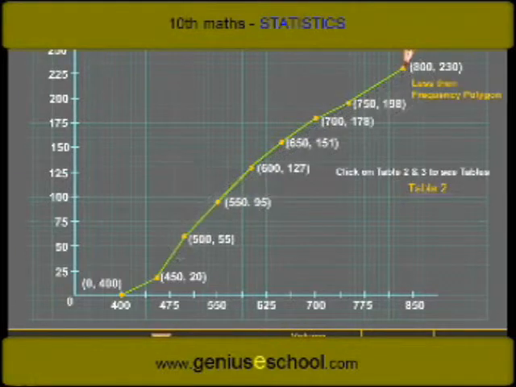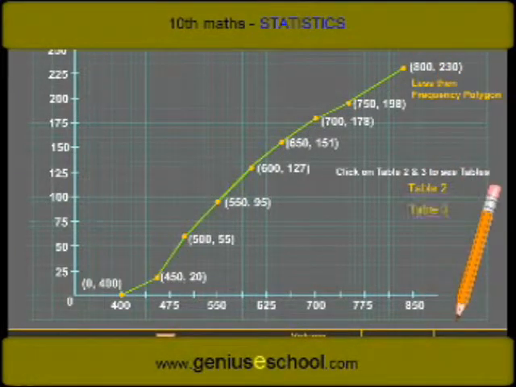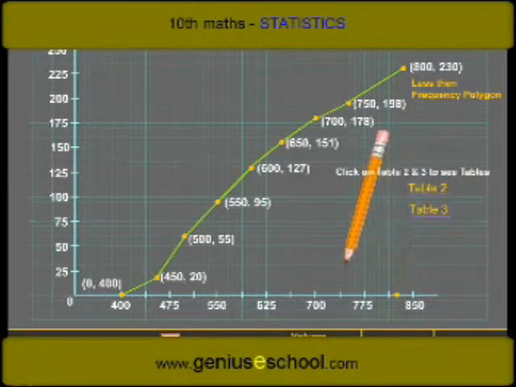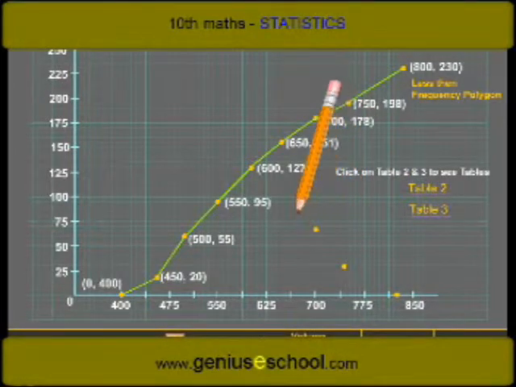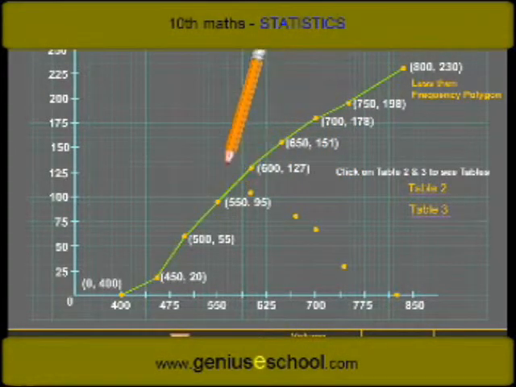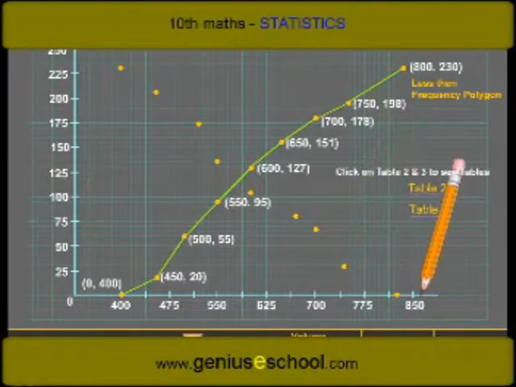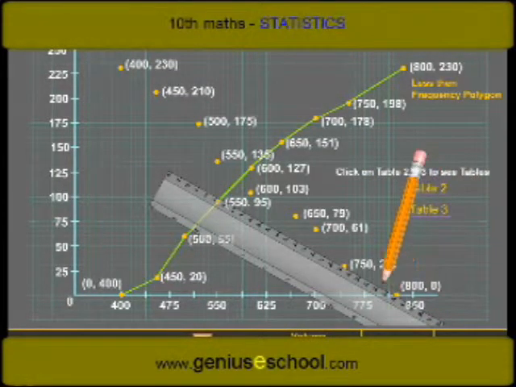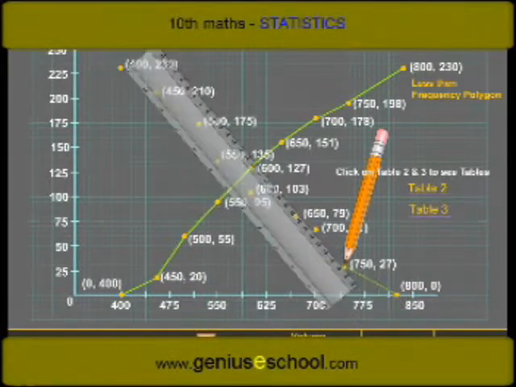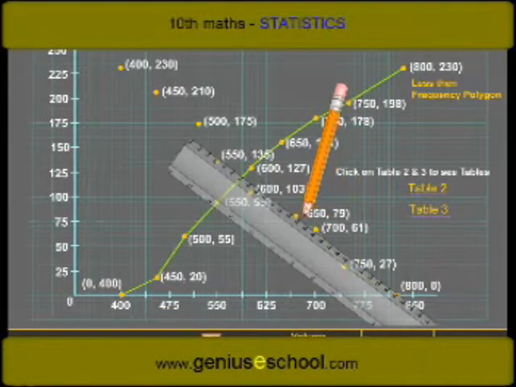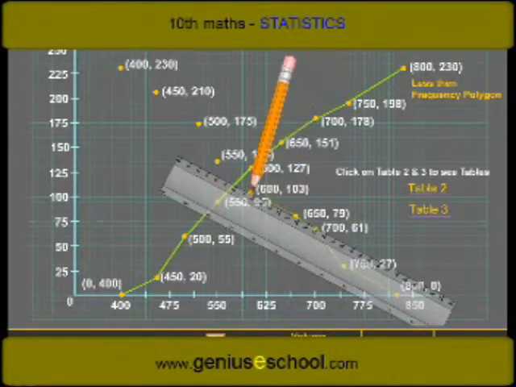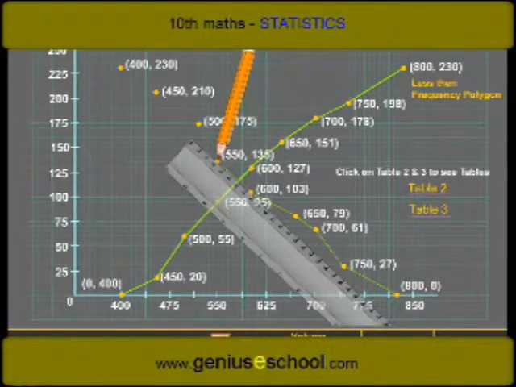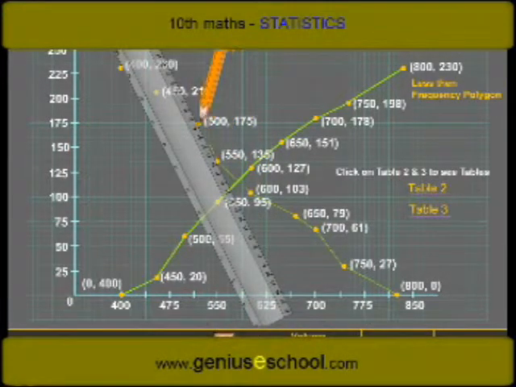Now we plot the points (400, 230), (450, 210), (500, 175), (550, 135), (600, 103), (650, 79), (700, 52), (750, 27), and (800, 0). The cumulative frequency polygon by more than method is obtained by joining these points by line segments.